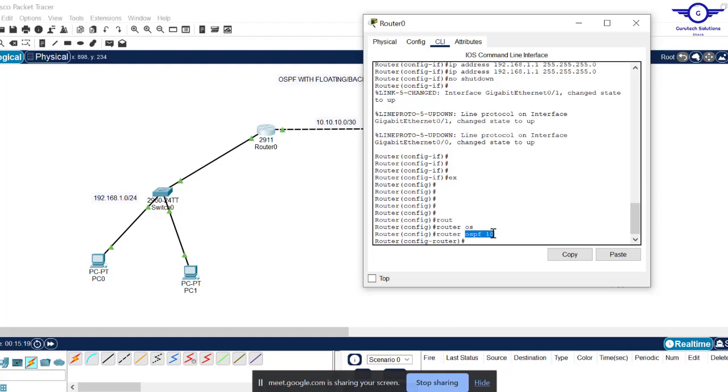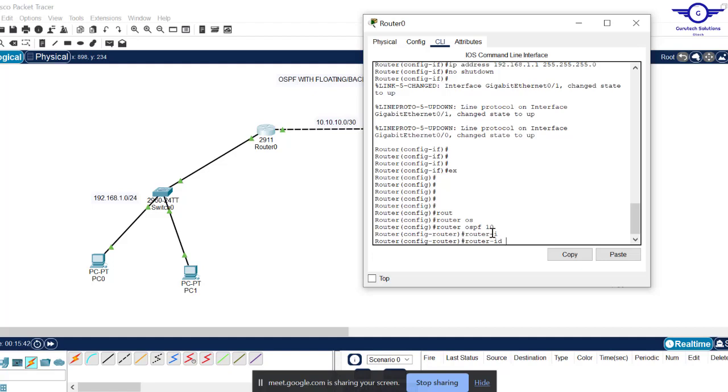Then you give the router an ID. This is a process ID, but now you give it a router ID. An ID is just like an identity, so routers can know that my neighbor has this ID. It's for easy identification. So just say router-id, and let's give it 1.1.1.1. It should be 4 octets, just like an IP address.